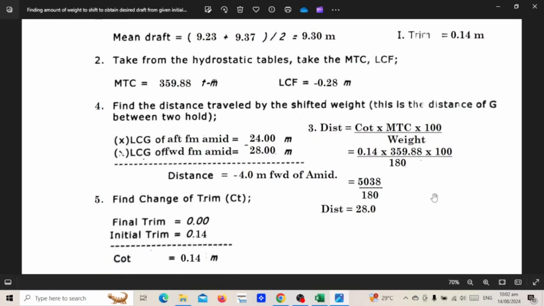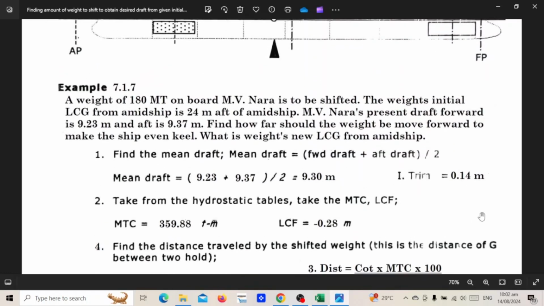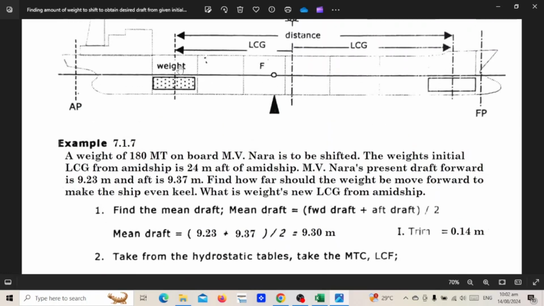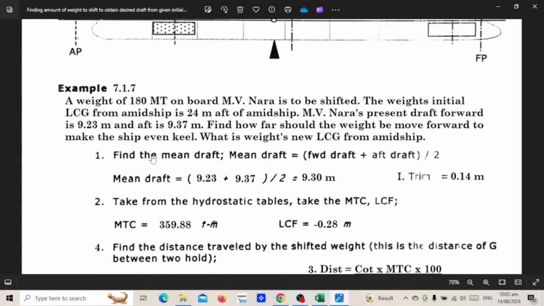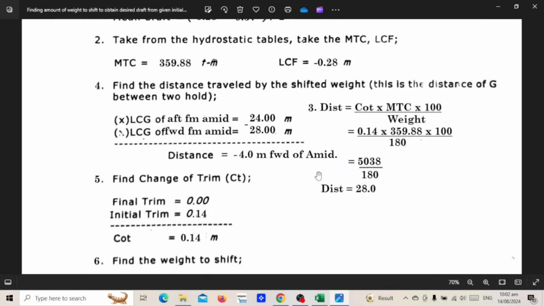Why? Because from the initial trim of 0.14, he wants to make it even keel, to make the ship even keel, when we shift the cargo from aft going forward. So we have now a change of trim from initial trim of 0.14, then our final trim will be even keel or zero trim.